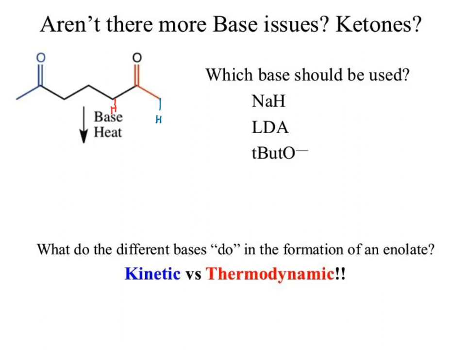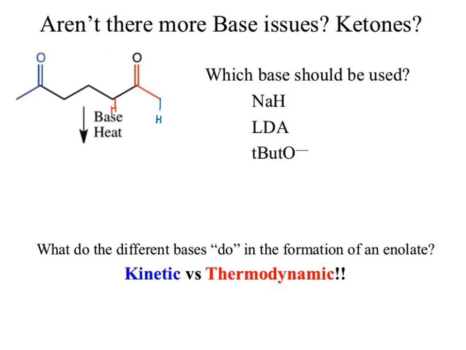We can change our base from being strong to stupid strong. We could also change the temperature. So we need to be very cognizant of what base we're using as soon as we shift into ketones as our potential reagents. Those bases will dictate which position is the nucleophile, potentially.